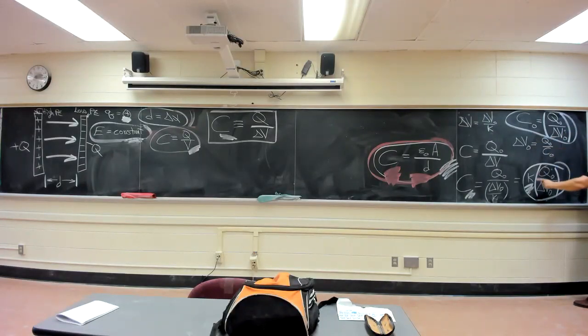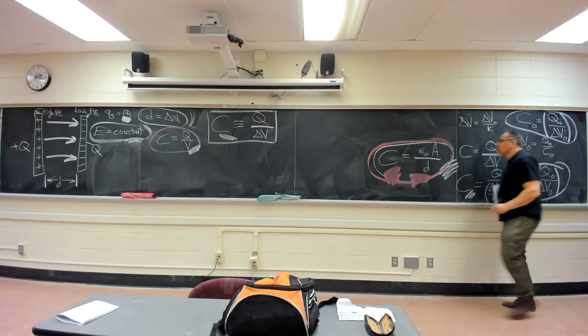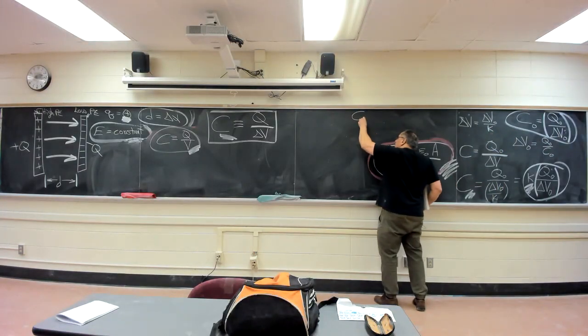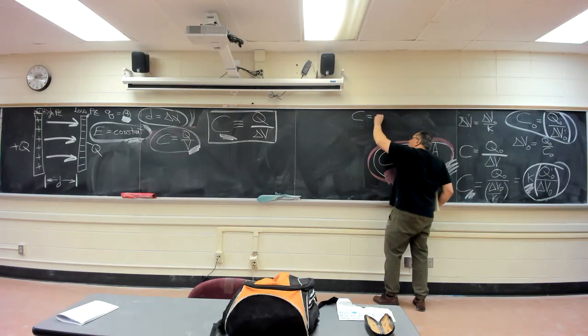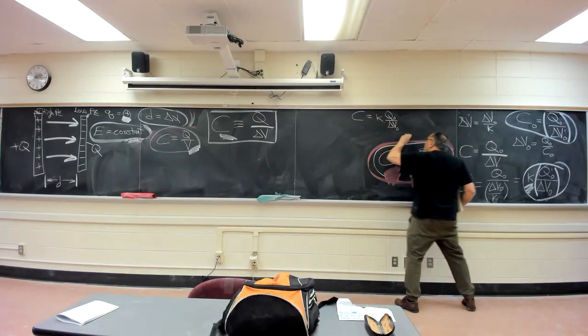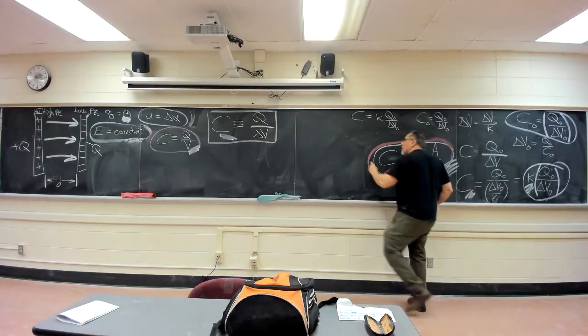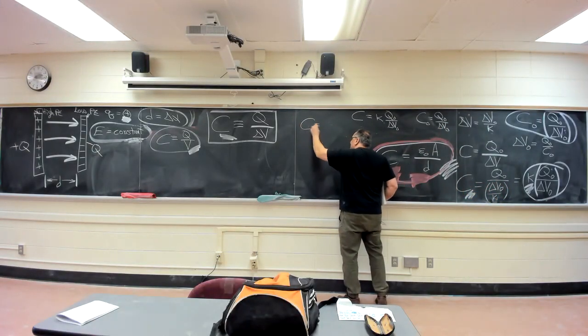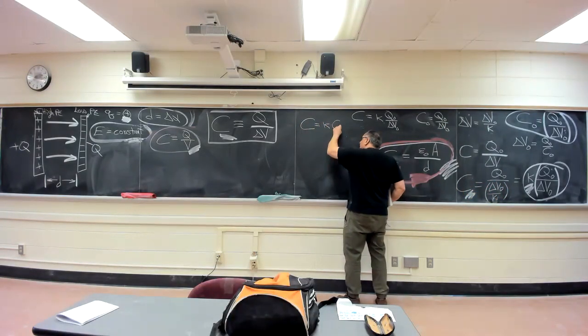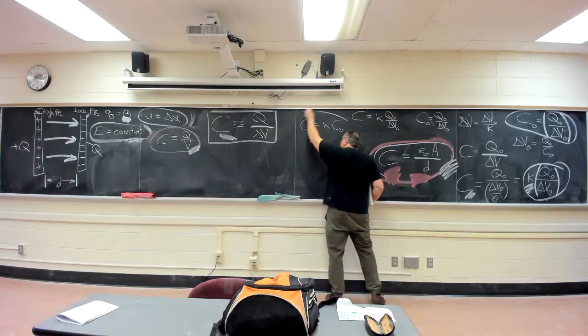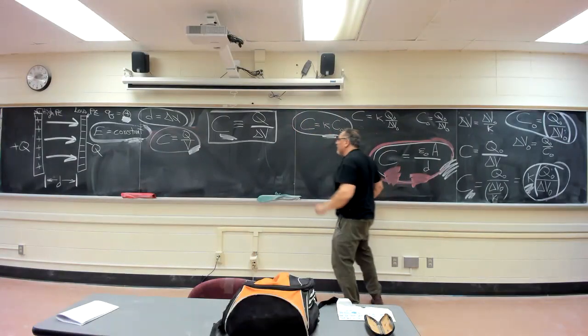That was C0, but kappa for the C. C equals kappa Q0 over delta V0. C0 is Q0 over delta V0. The new capacitance is a factor kappa times what the original capacitance was.